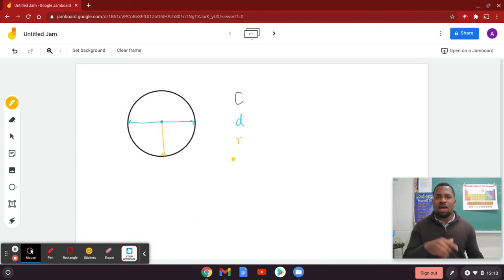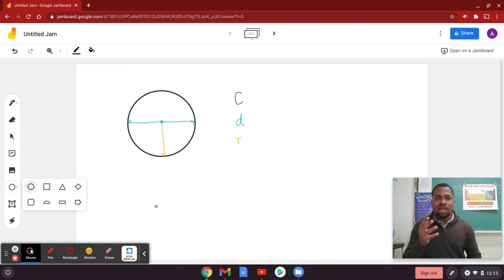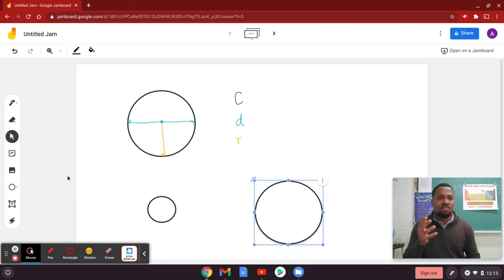Take note that when you're given a circle and another circle whose circumference is different, it shows an interesting relationship. Let's compare this circle to another size of circle, and let's make the color orange.